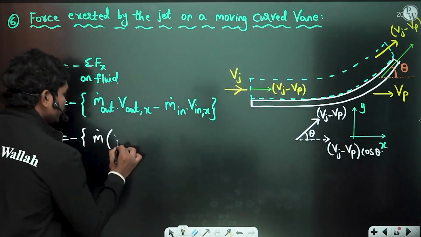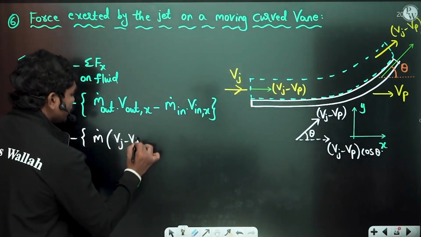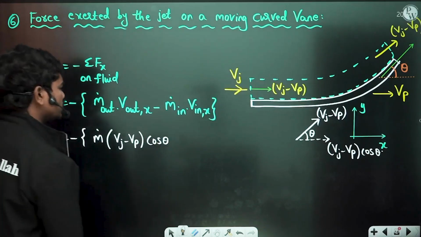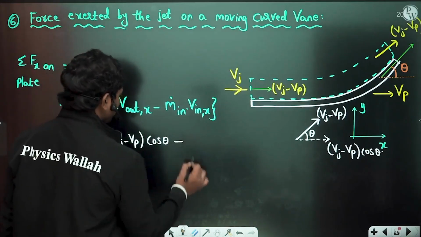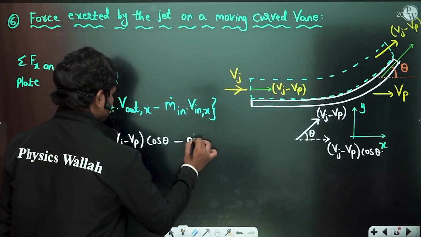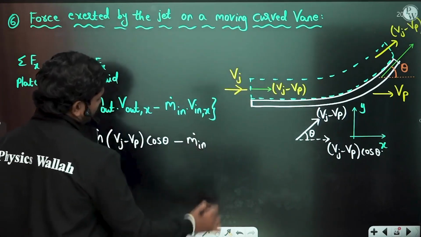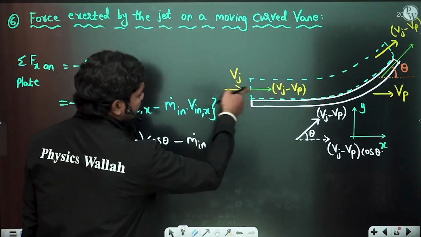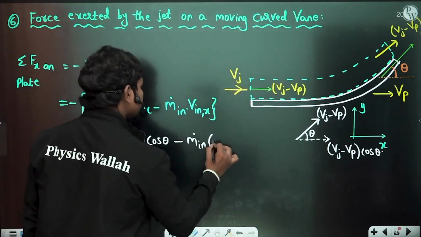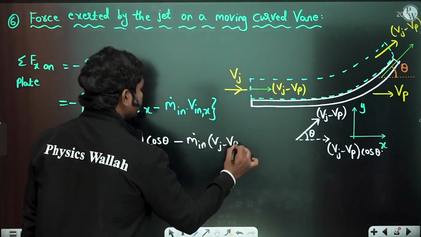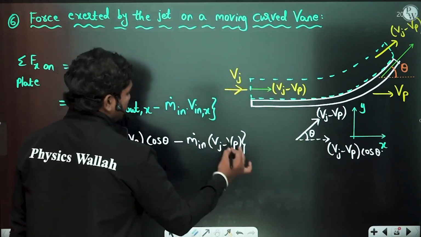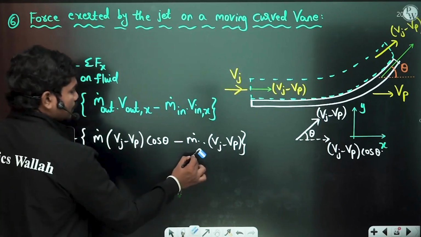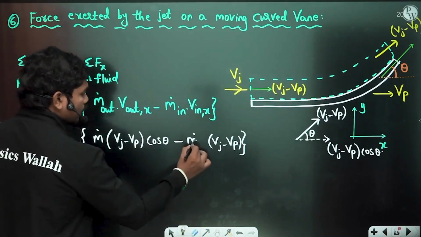So minus m dot in times Vj at the inlet, in the x direction, this is Vj minus Vp straight away. This is the total mass flow which is actually happening. m dot in and m dot out are both the same, so this can be written as m dot.